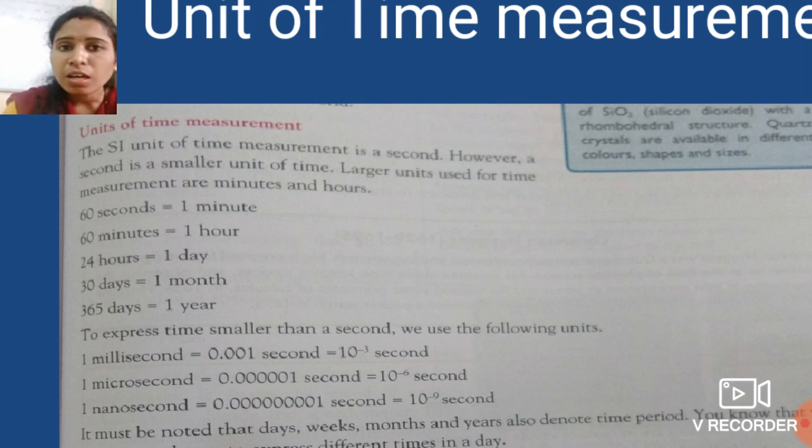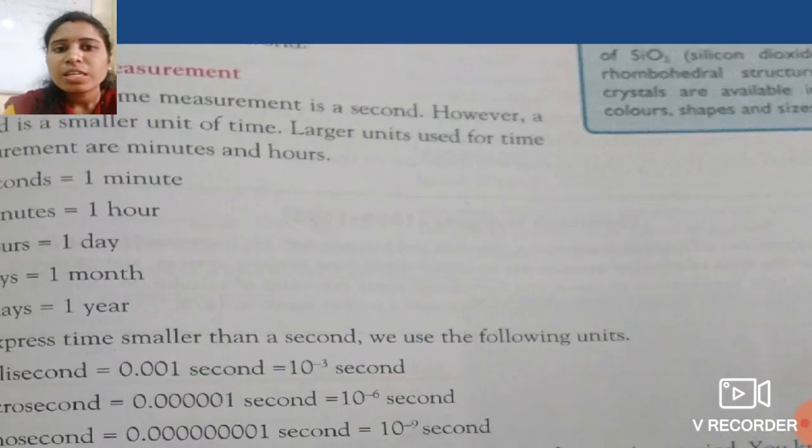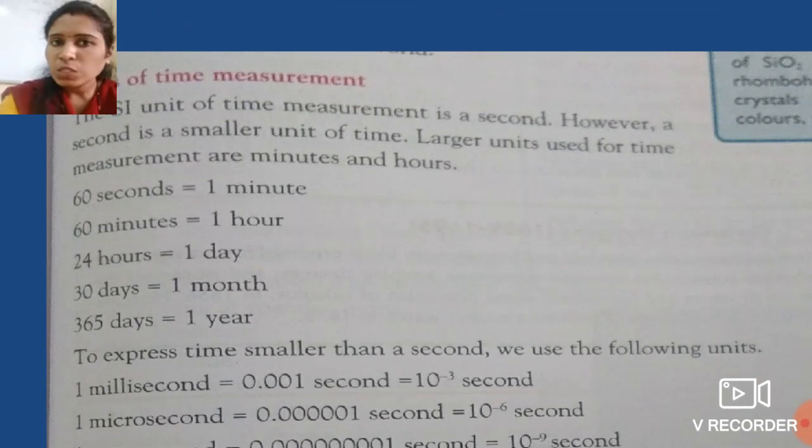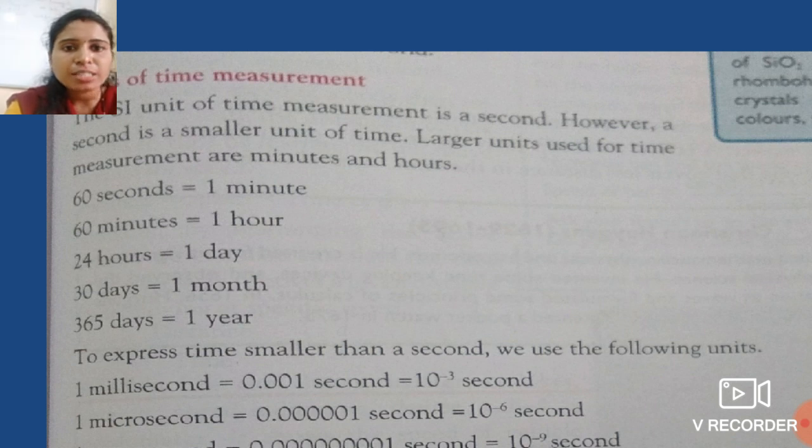See students, you also know that 1 minute is equal to 60 seconds. 1 minute possesses 60 seconds. In 1 hour, there are 60 minutes. In one day there are about 24 hours.